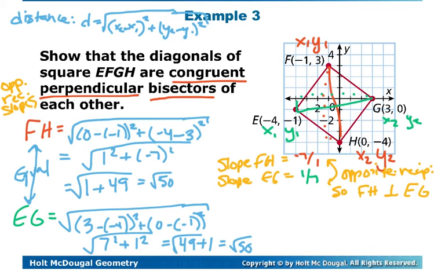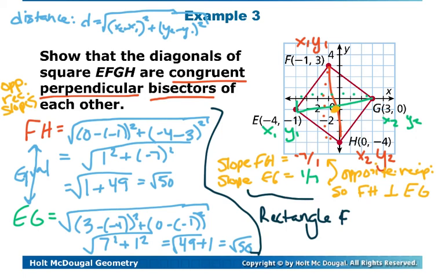And then the last piece is that they are bisectors. So in order to find out if they are bisectors, we need to find that midpoint where they would meet. And honestly, I don't even need to do that because I just proved in this statement that they are rectangles, or that this is a rectangle.